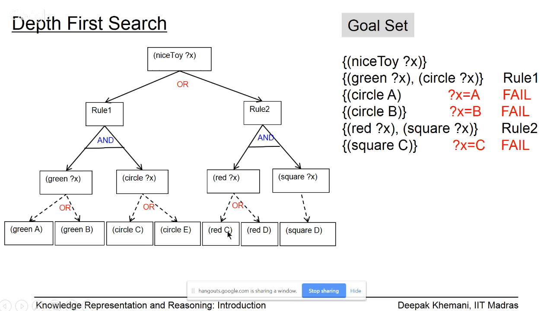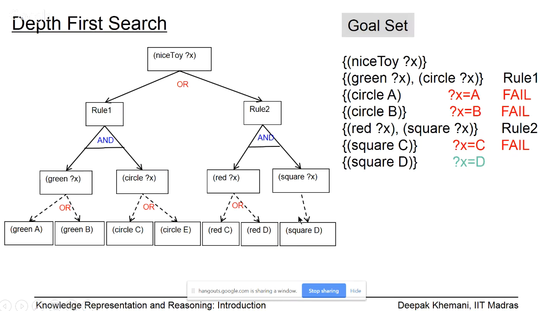So first we try C, because this is done in a depth first fashion, and we have spoken at various times that Prolog essentially does depth first search on such a tree, which is called a goal tree. So first we try C, which is red, but C is not a square, so that fails.